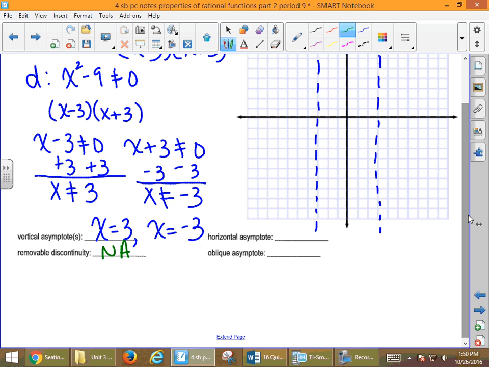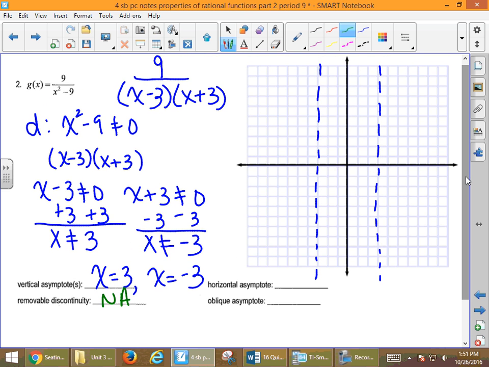So the question then becomes, do we have a horizontal and, not and or, an oblique asymptote? That's when we go back and look at our numerator degree. Well, in the numerator, our highest degree term is 9, which is degree 0. We don't have a variable on it. In our denominator, our highest degree term is x squared, so we do have a degree there of 2.